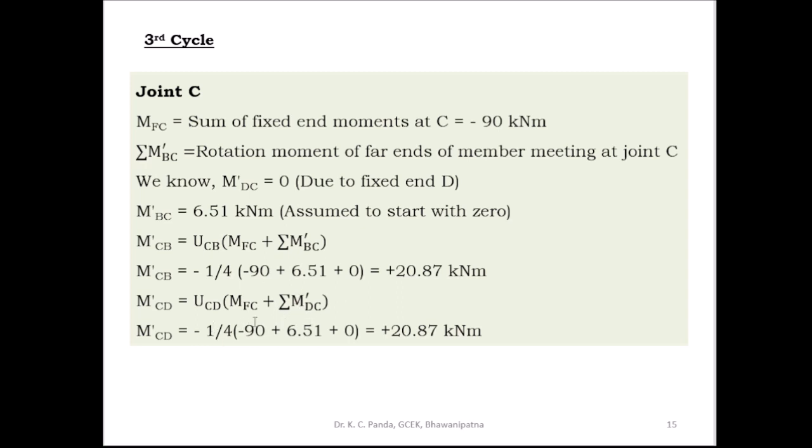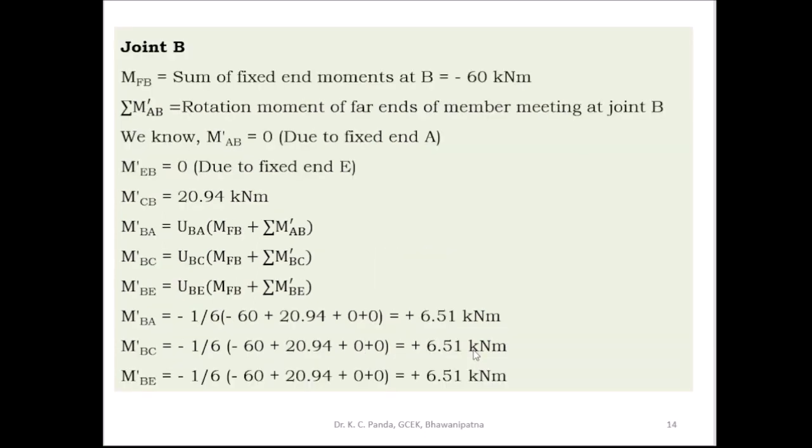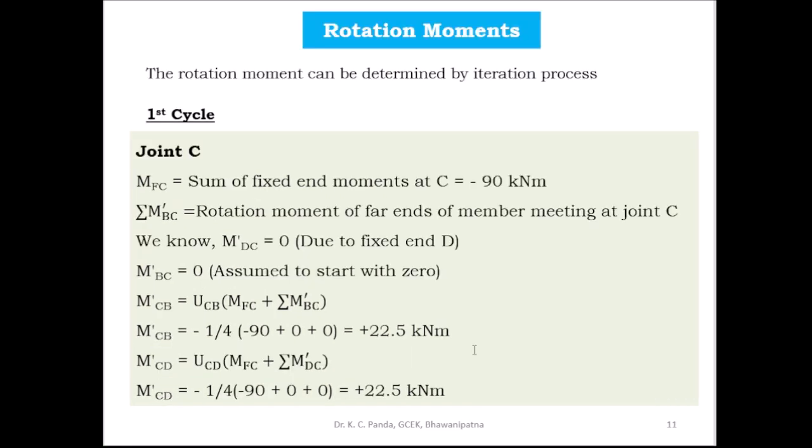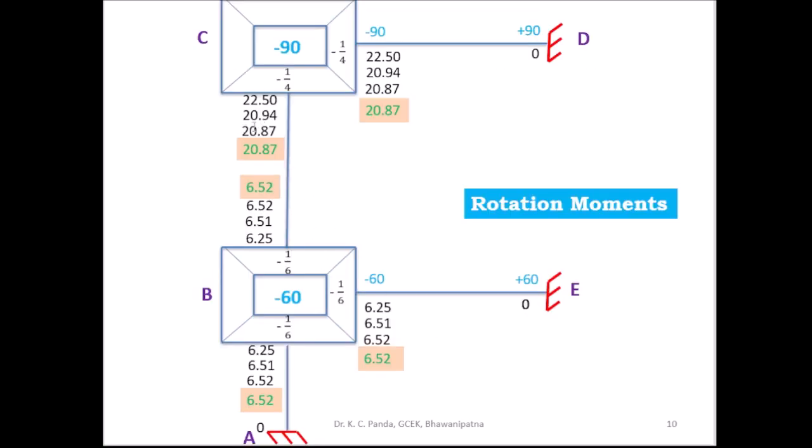So minus 1 by 4 into minus 90 plus 6.51 plus 0, which is plus 20.87 kilonewton meter. Then you put the value. This is 20.87, this is 20.87. The third cycle reading you put below the second cycle reading, 20.87 and 20.87.